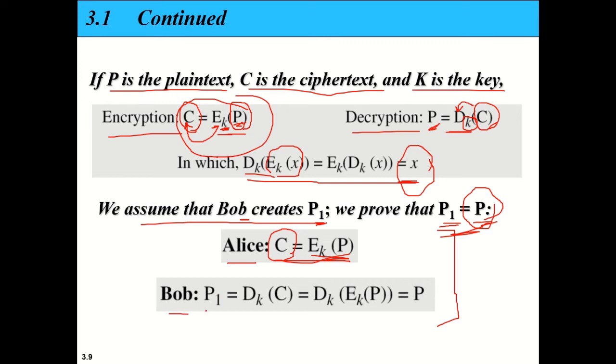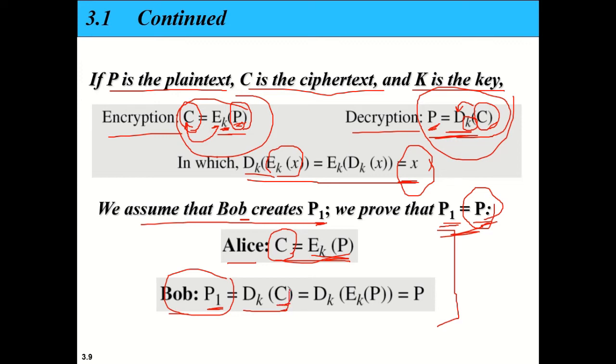Now Bob is having P1, and at the Bob end, what are we having? We are having this message, this one, right? So P1 is equal to DK of C, that means the decrypted version of the ciphertext, right?